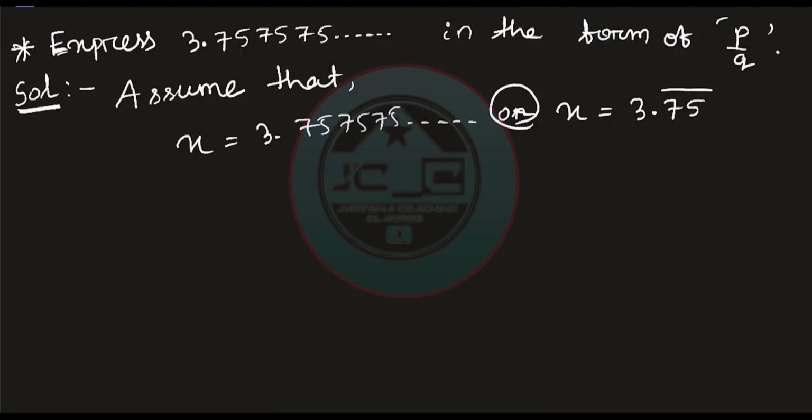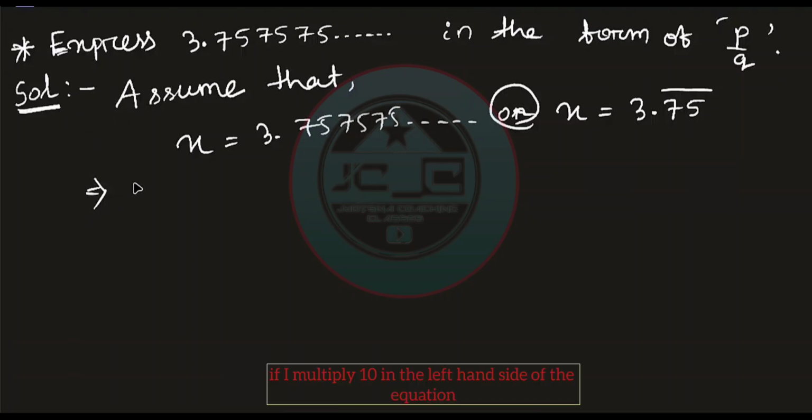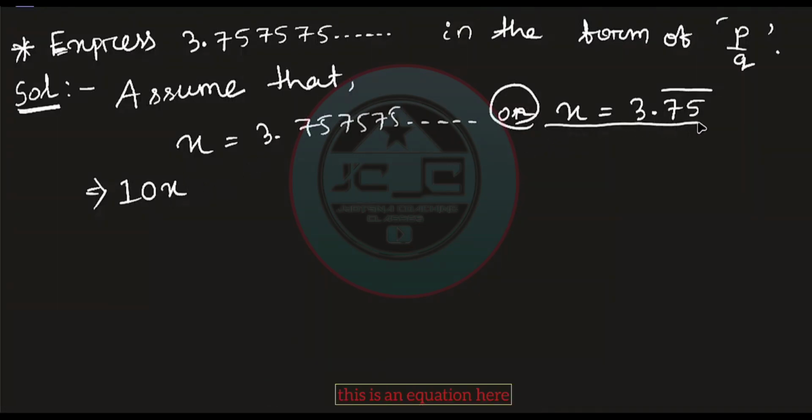Okay. So if x is equal to 3.75 bar, now you tell me, if I multiply 10 on the left hand side of the equation, what would it be? 3.757575... multiplied by 10.